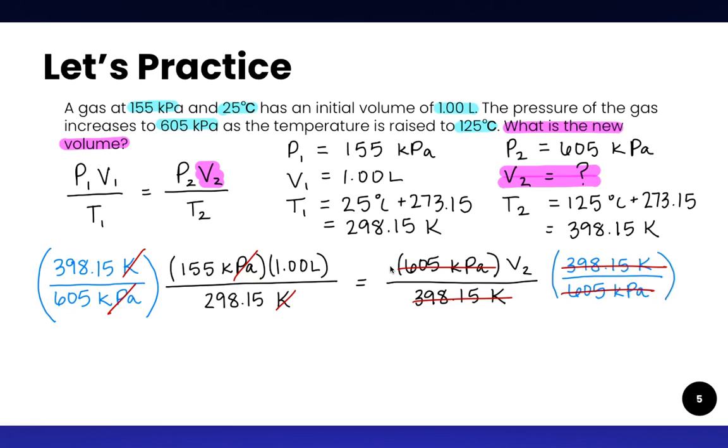When I plug all of this into my calculator, what I'm typing in is 398 times 155 times 1. And then I'm clearing my calculator and typing in 605 times 298. And those are the values that I'm going to put down here.